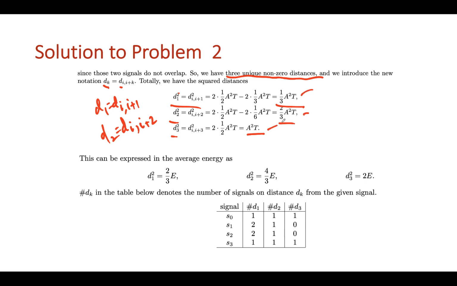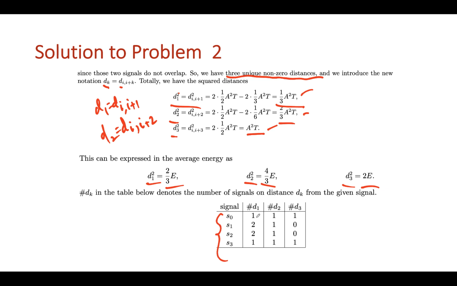So this can be expressed in terms of the average energy as this. d1 square is 2/3 of the average energy, d2 square is 4/3 of the average energy, d3 square is 2 times the average energy. So you can create a table like this. S0, S1, S2, S3 are your four signals.